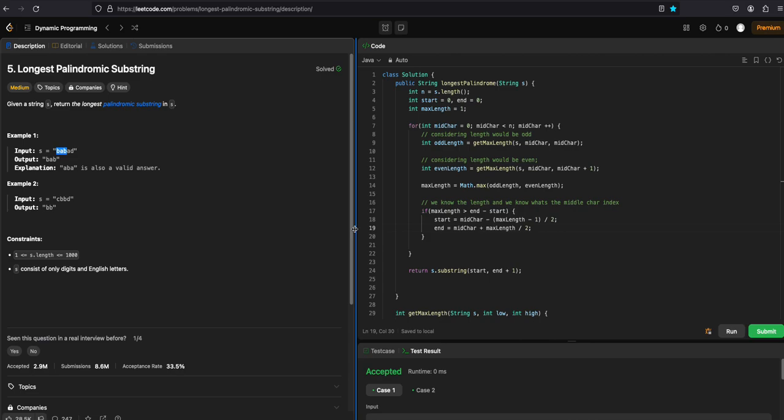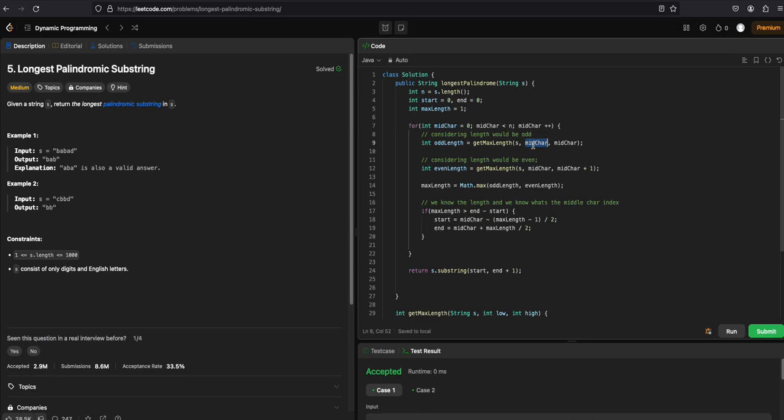Okay, what we are doing here. I'm considering each character as a middle point. First, I'm considering that as an odd length, and odd length starts with 1. Let's consider this as a black box for now, which will give me the maximum stretch that it went through from the left side and towards the right side.